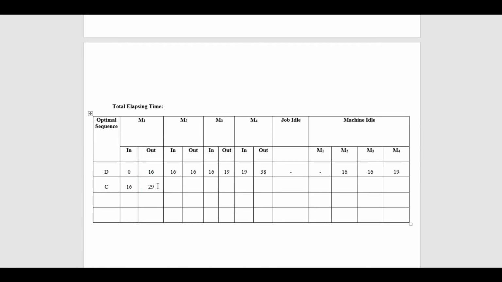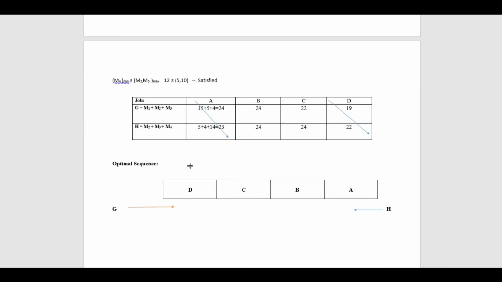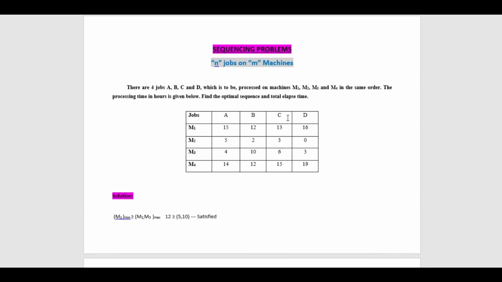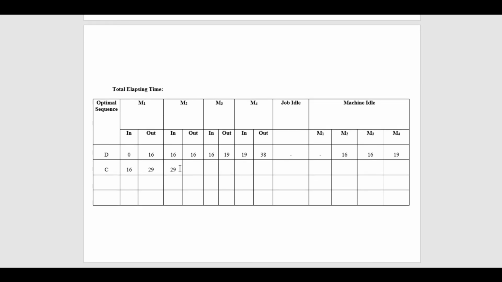The out time of machine 1 will be the in time of the next machine, that means machine 2. So 29. The processing time of C in machine 2 will be 3 minutes. So 29 plus 3 will be 32.